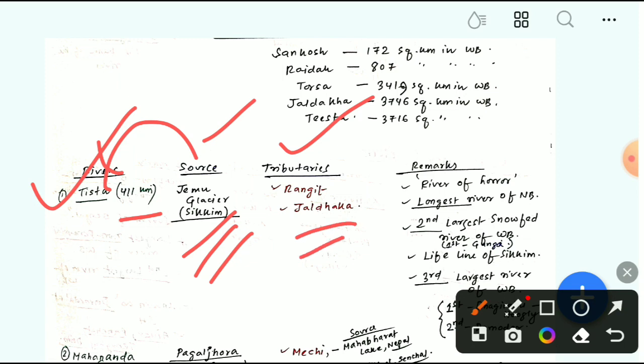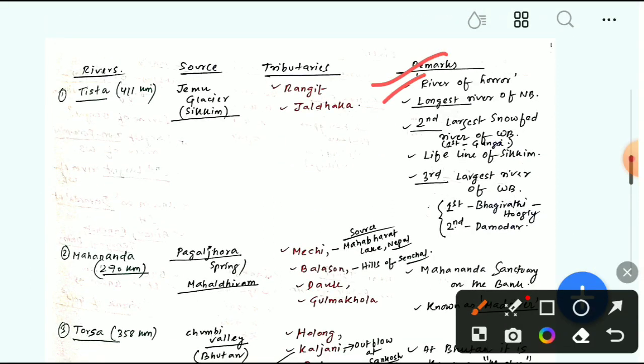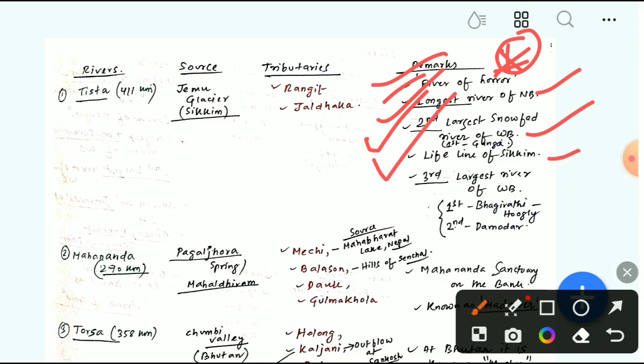And important points here, Tista is also called river of horror because many times flood comes here and floods the total area. It is the longest river of North Bengal, and it is the second largest snow-fed river of West Bengal, and it is the lifeline of Sikkim. The Tista river flows through entire Sikkim.